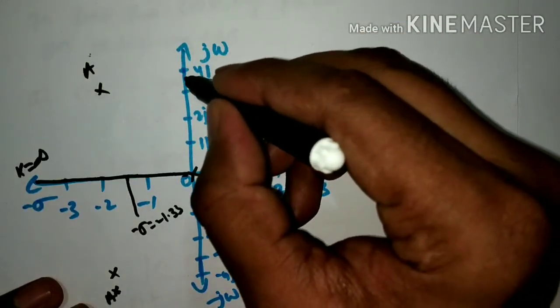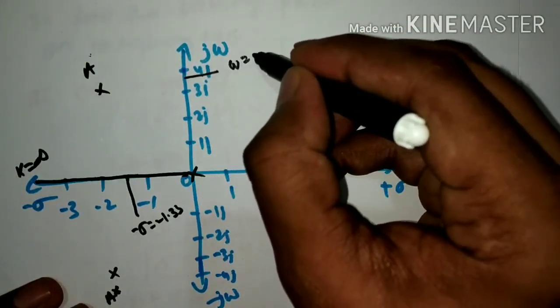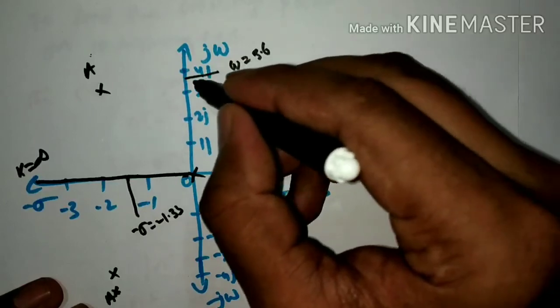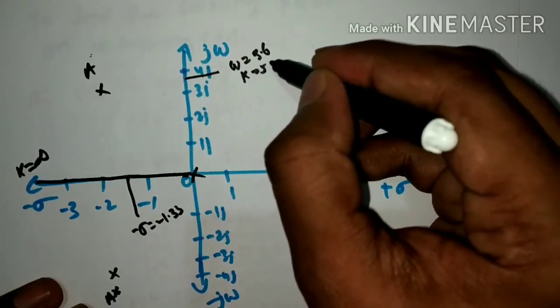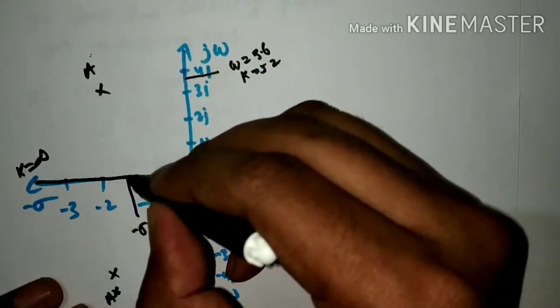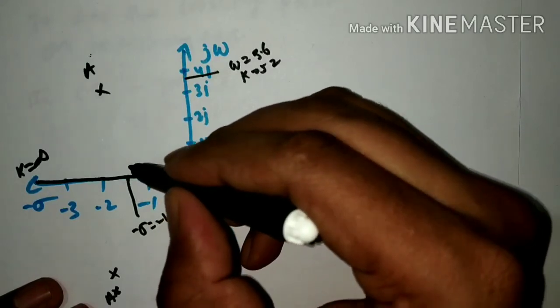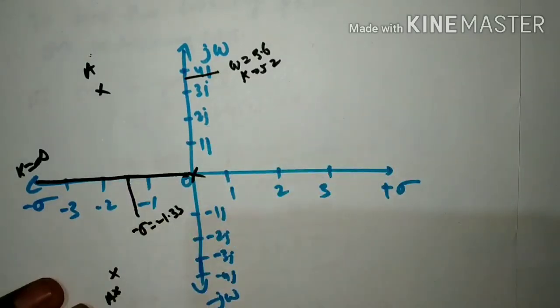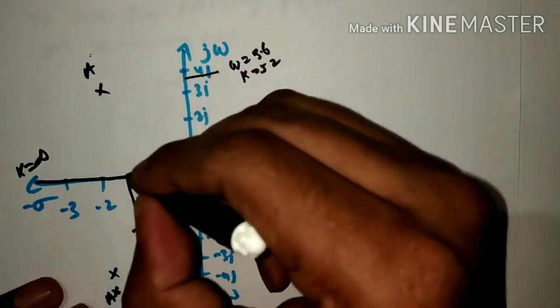So here omega is equal to 3.6 and k value is equal to 52. This branch is moving at an angle of 60 degrees, and this one at minus 60 degrees. These are only the angle directions you have found.